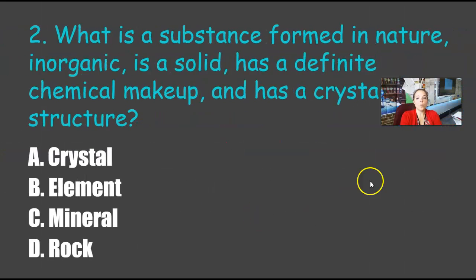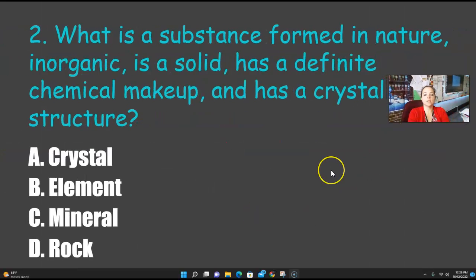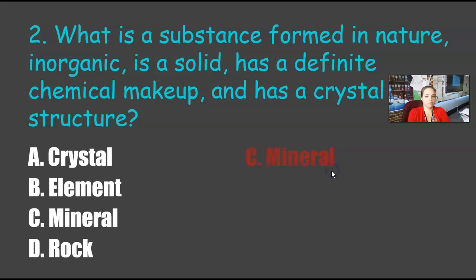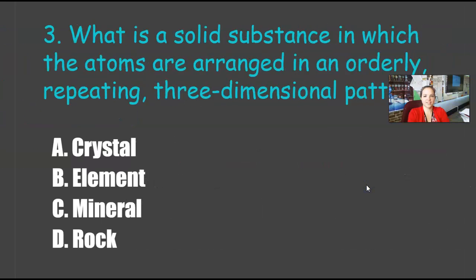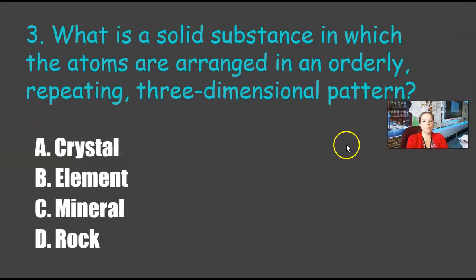All right, what is a substance formed in nature, inorganic, solid, has a definite chemical makeup, and has a crystal structure? I'm hoping right here you said a mineral. All right. What is a solid substance in which the atoms are arranged in an orderly, repeating, three-dimensional pattern?